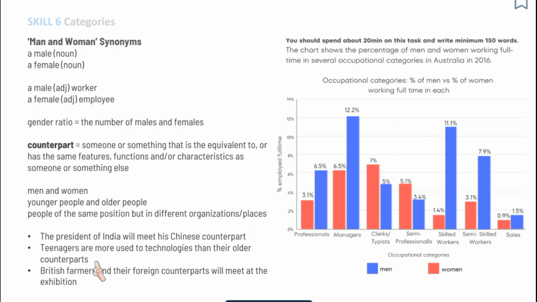Another example is teenagers are more used to technologies than their older counterparts. And for example, here, British farmers and their foreign counterparts will meet at the exhibition. So counterpart is a good option if you don't want to repeat the same words.